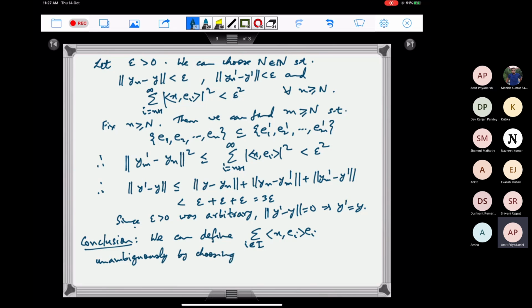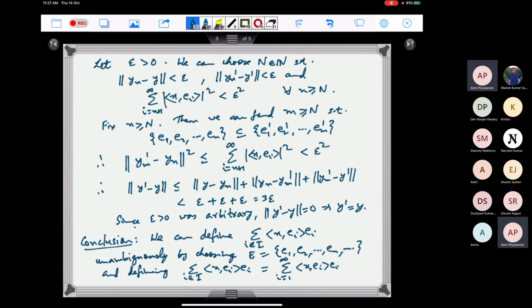By choosing this E equal to {e_1, e_2, ..., e_n} and defining this sum to be equal to the infinite sum, we know that this sum converges and it is independent of the chosen ordering.